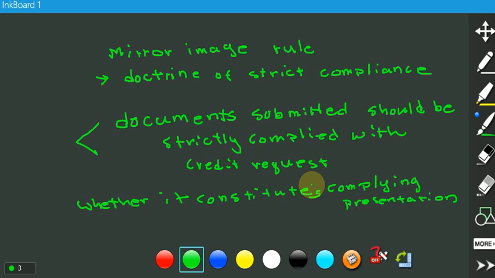This is the second principle of letter of credit.